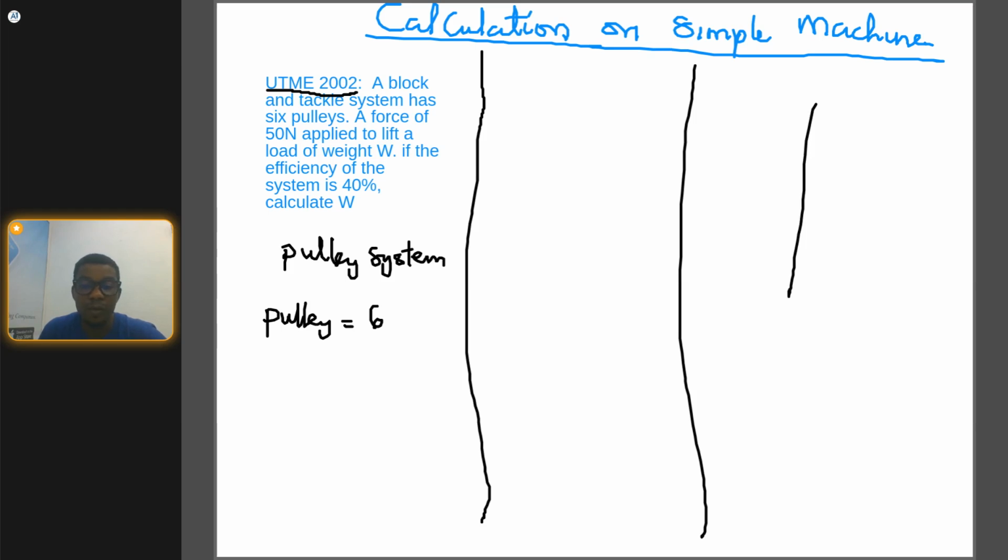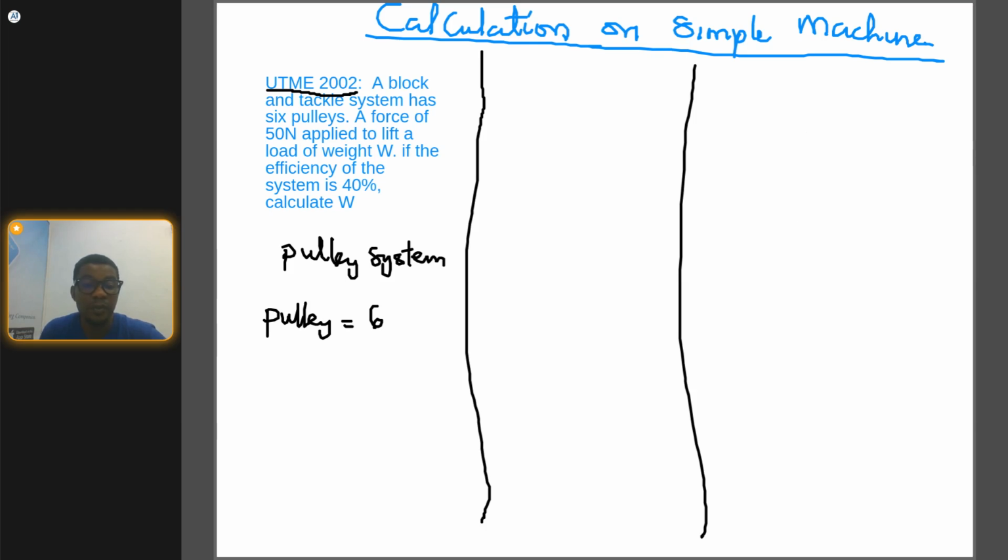What is a pulley? Let's say we have a system of pulleys, and these are called pulleys where you'll be attaching your rope. In this case, we have 1, 2, 3, that's 3 pulleys. But for this question, the question stated that we have 6 pulleys.